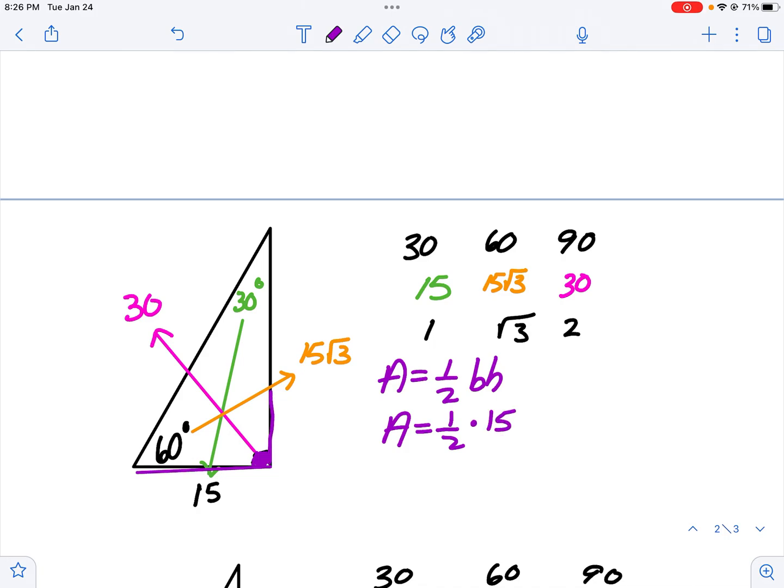The right angle is attached to the height, which is 15 radical 3. So area equals 15 times 15 is, well, 15 times 10 is 150, 225. So 225 square roots of 3 divided by 2.